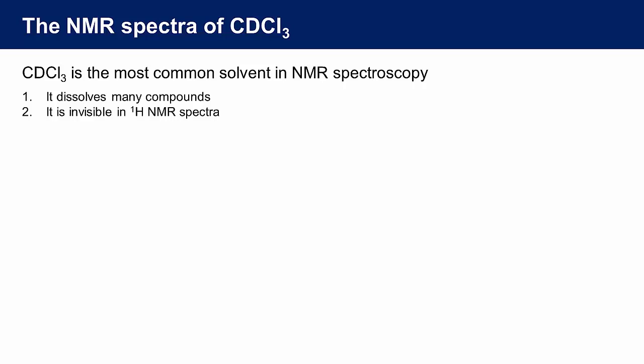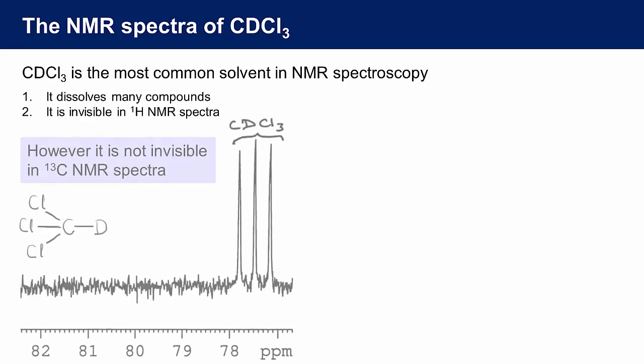Secondly, normally in solution, the quantity of solvent greatly exceeds the quantity of solute. This isotopically substituted molecule has no protons. So, in a proton NMR experiment, it will be invisible. If we had used normal protonated chloroform, CHCl3, as the solvent, the signals from our compound would have been swamped by the signals from the solvent.